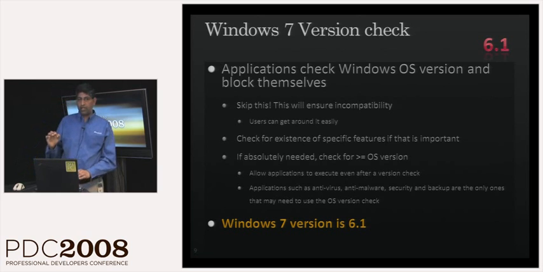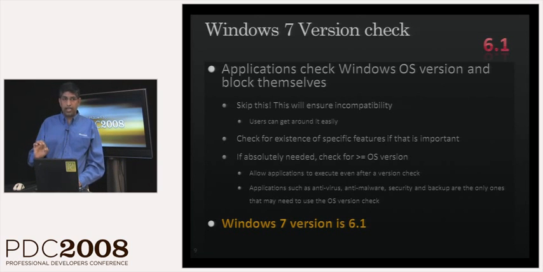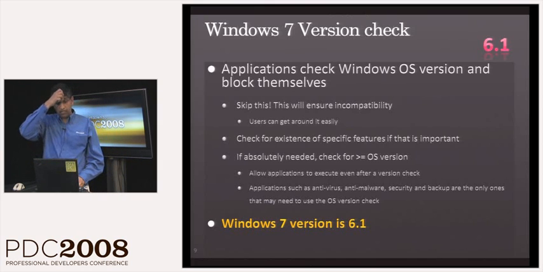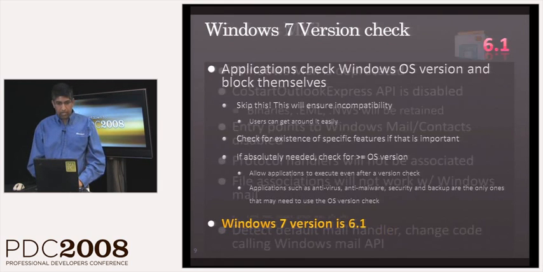However, there's a small exception to this rule, and that exception is only for applications that do security, backup, and firewall kind of scenarios. These are the only applications that are really strongly tied to the OS and need to be able to work well with every application that's out there.